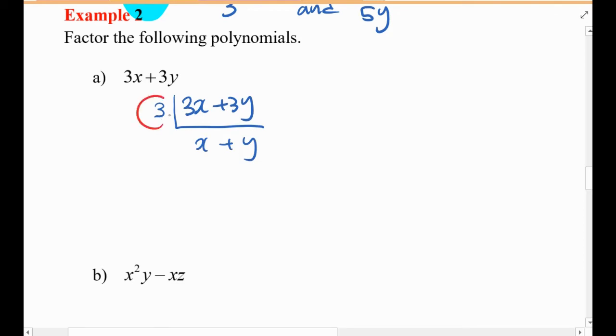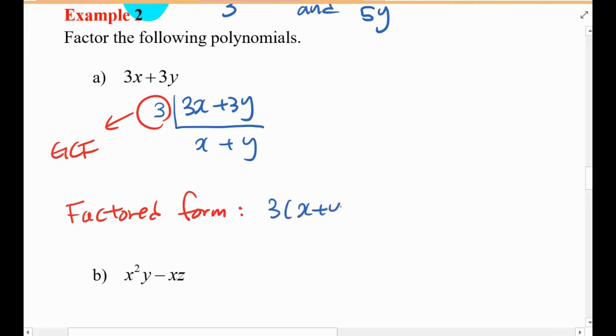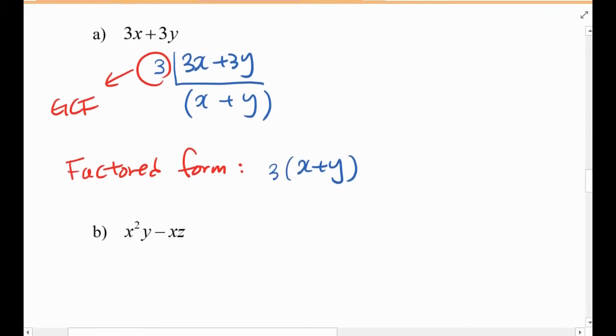So 3 is GCF, and factored form is 3 times x plus y. So don't forget to put bracket around that, everyone. Remember, multiplication sign is hiding here. Okay, 3 times x plus y.